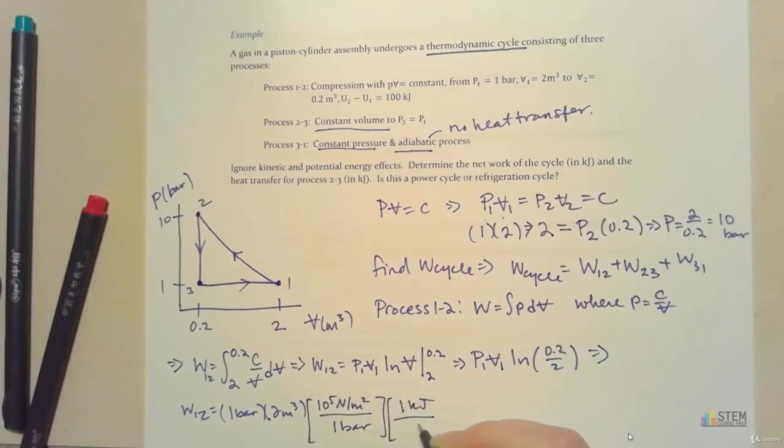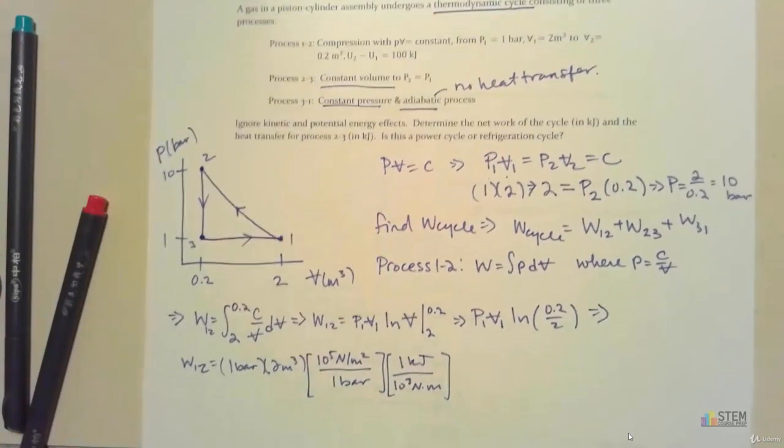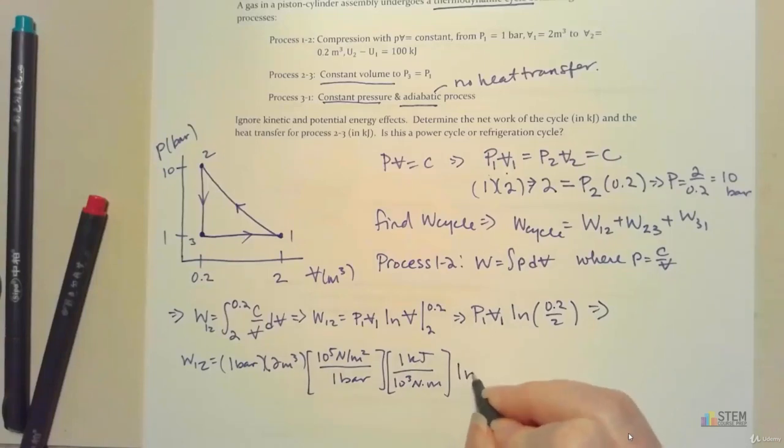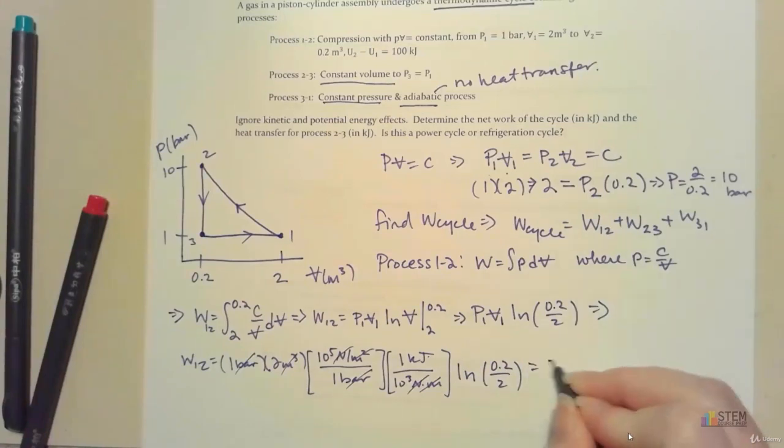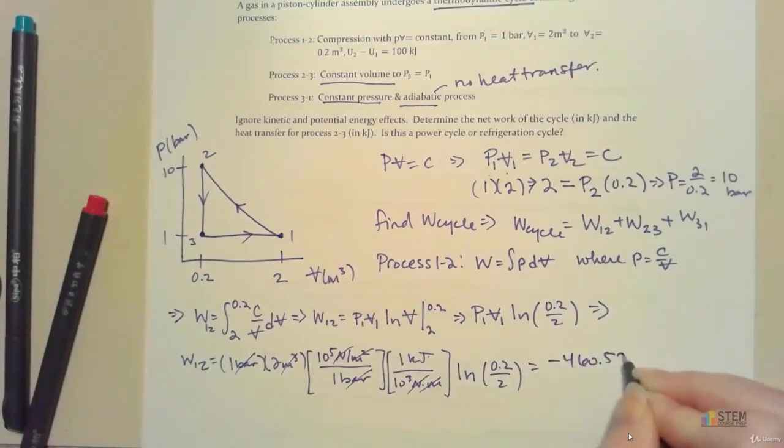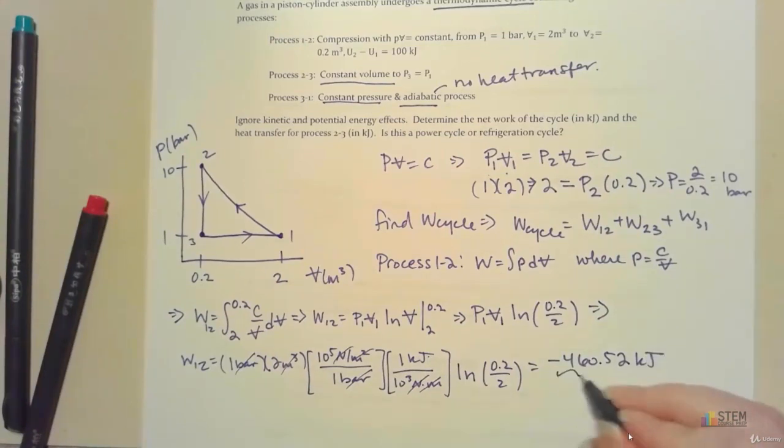So 1 kilojoule per 10 to the 3rd Newton meters. And then we multiply that by natural log of 0.2 over 2. Units there cancel out. So now if you look at your units, everything is going to cancel out, just like you hoped. You're left with kilojoules. So that's going to give you negative 460.52 kilojoules. So this is the work for process 1, 2.